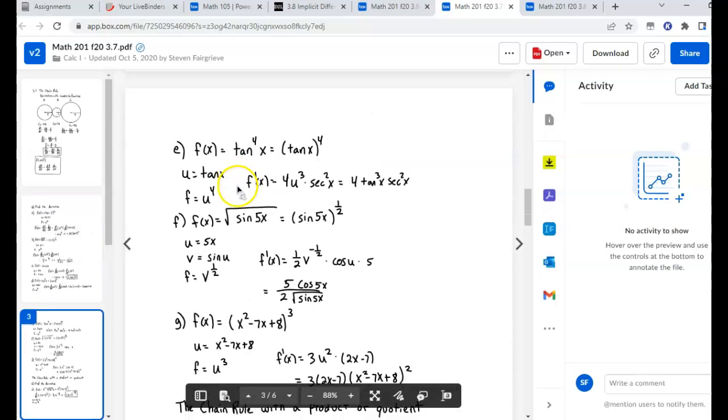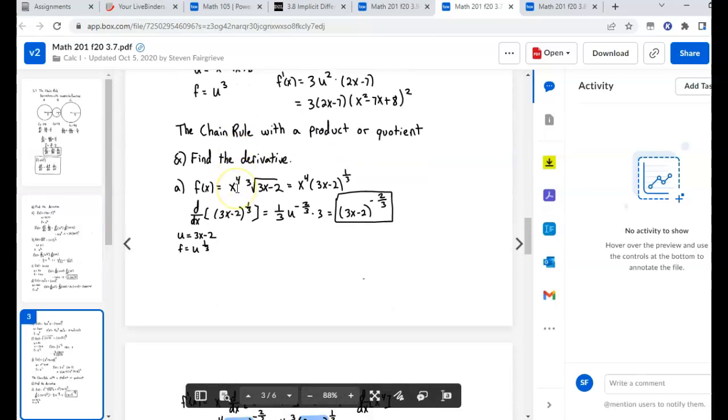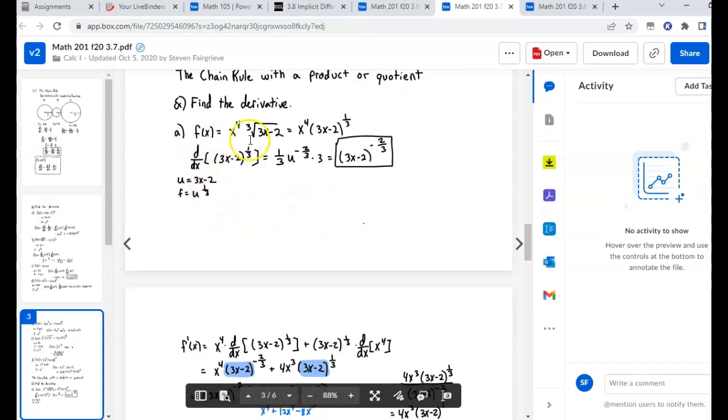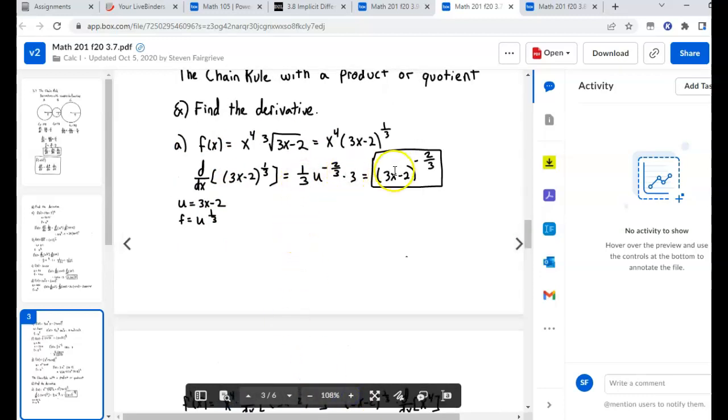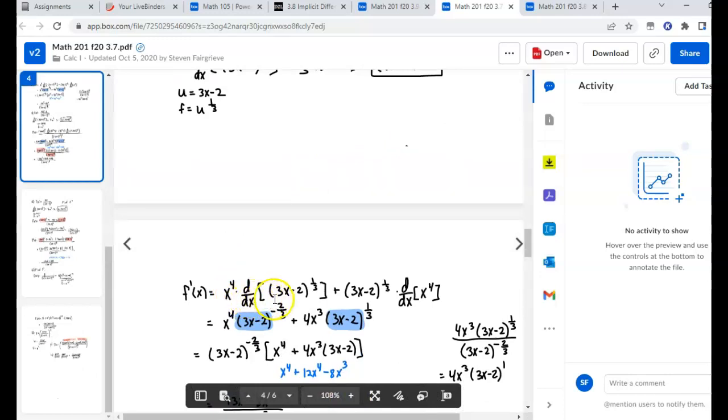And then you'll also have some problems, as we got towards the end, where we had chain rule as part of a product or quotient rule. And pretty much as you can see in this example here and in the other ones that follow in the 3.7 notes, pretty much guaranteed that you're going to have some type of factoring that you'll need to do to simplify these chain rule problems to get a nice final answer.